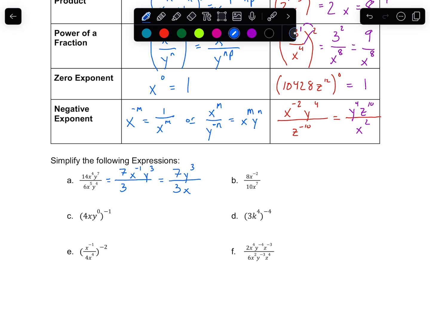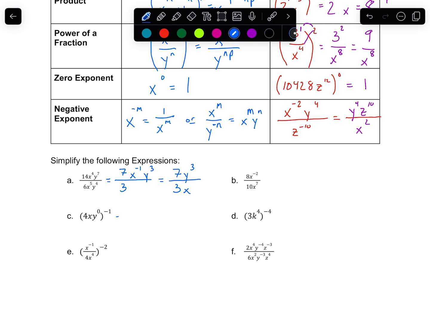So let's go ahead and look at C. With C, when I talk about things with parentheses, I want to first clean up what I have in the parentheses. We don't have any like bases, however, I have y to the 0 power right here. y is the only thing being taken to the 0 power, so that's going to become 1.